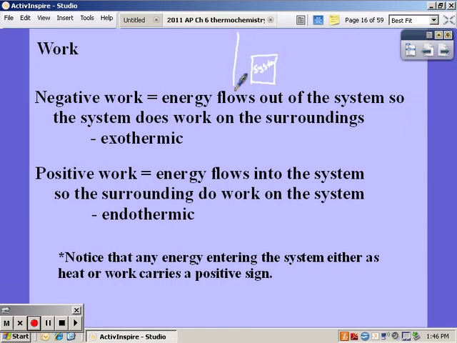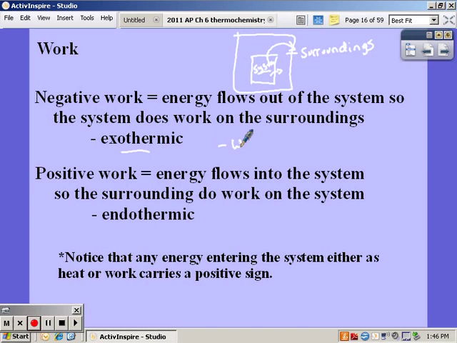To help you remember that, you have system and you have surroundings. If energy is flowing from the system to the surroundings, it's flowing out, making it exothermic. So system to surroundings, exothermic, work is negative.